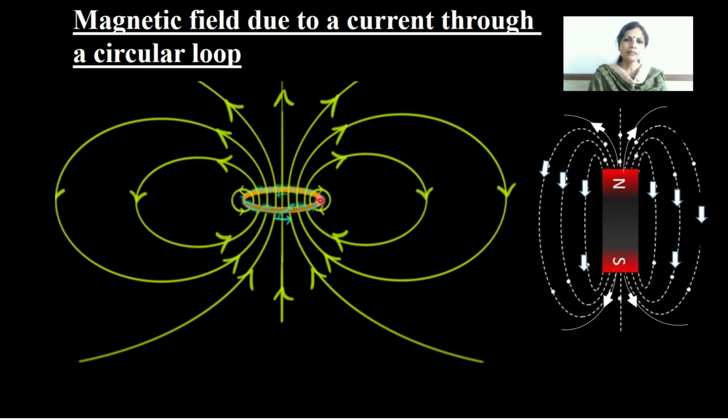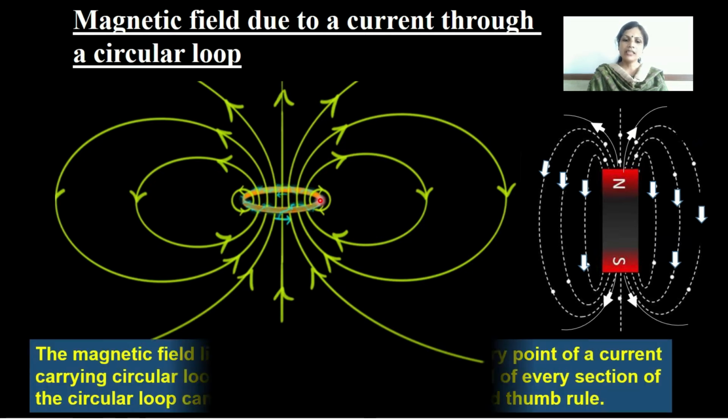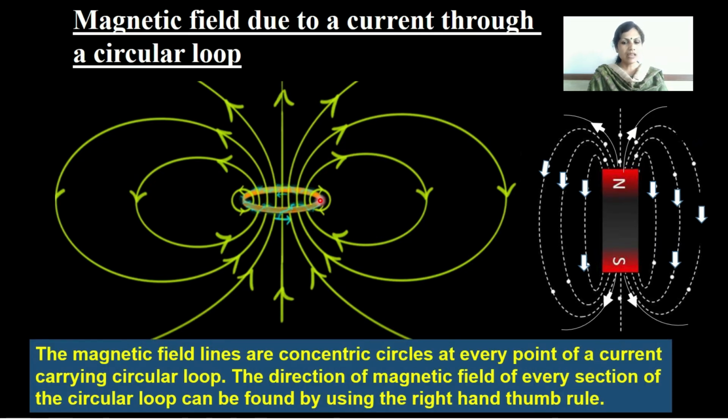Alright children. So look at this. The magnetic field lines are concentric circles at every point of a current carrying circular loop. The direction of the magnetic field of every section of the circular loop can be found by using the right hand thumb rule.